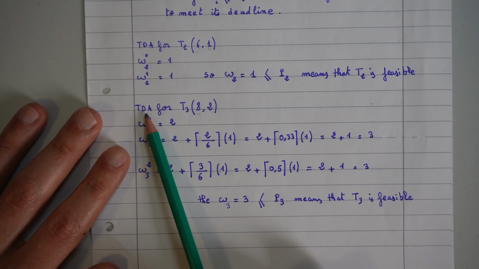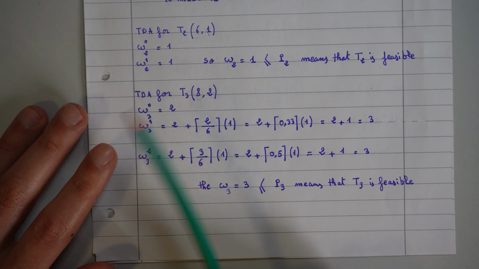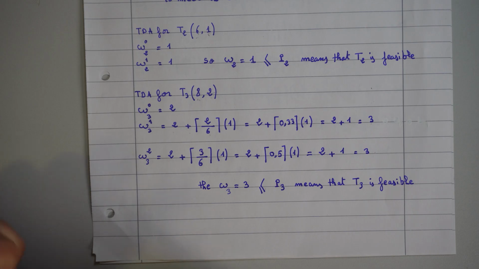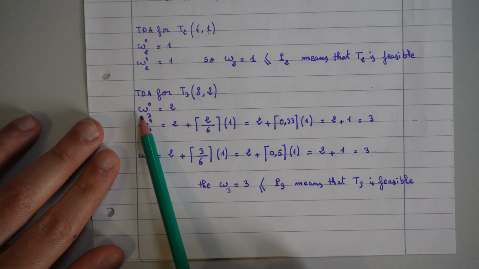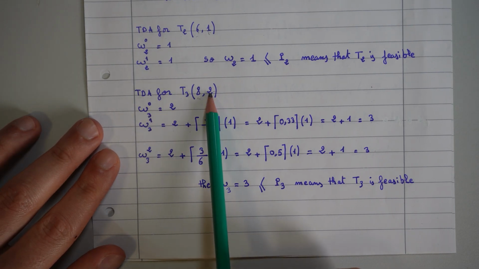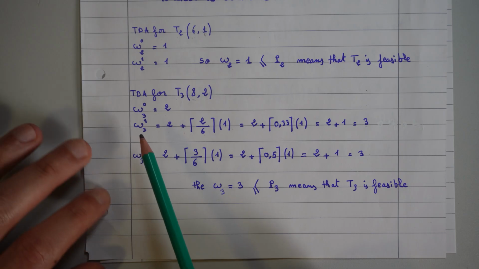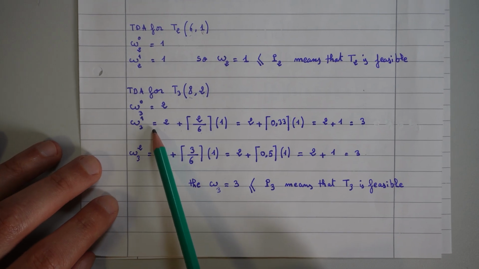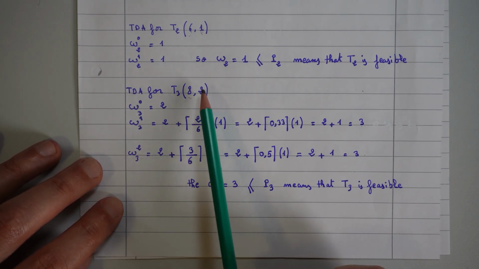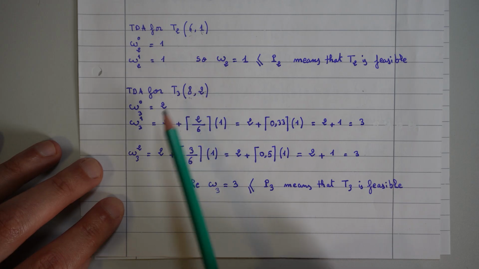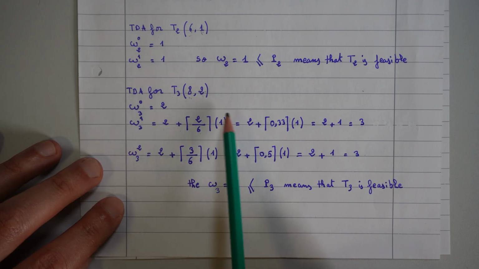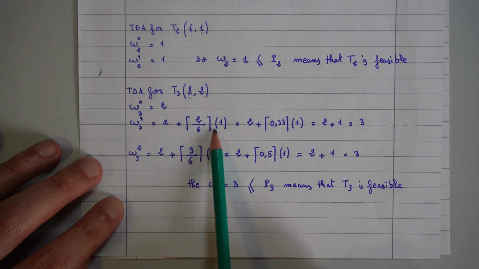Now the time demand analysis for task 3 is set initially to be equal to the execution time of task 3, which is 2. The first iteration is equal to the execution time of task 3 plus the higher priority task's interference.